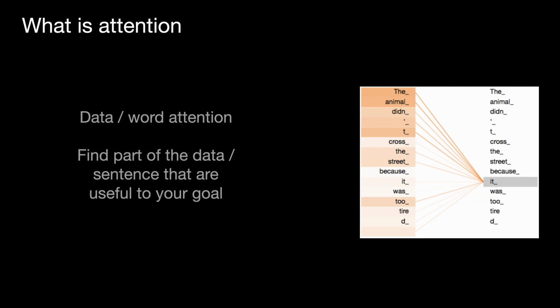Every time you listen to a sentence, you're keeping parts of it in your mind, and then as you get to a word like "it" that could refer to multiple things, or even a word that could have multiple meanings, you need to go back into the sentence and try to figure out, what did this mean in this specific case? And that is attention on a word, or a word sequence, or a sentence.